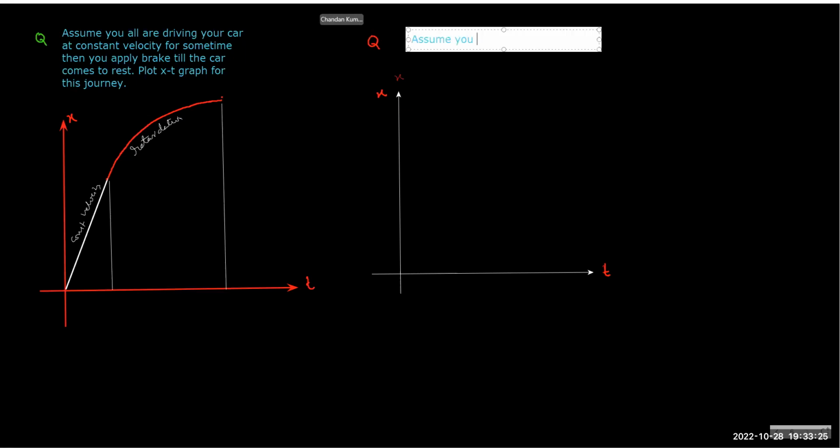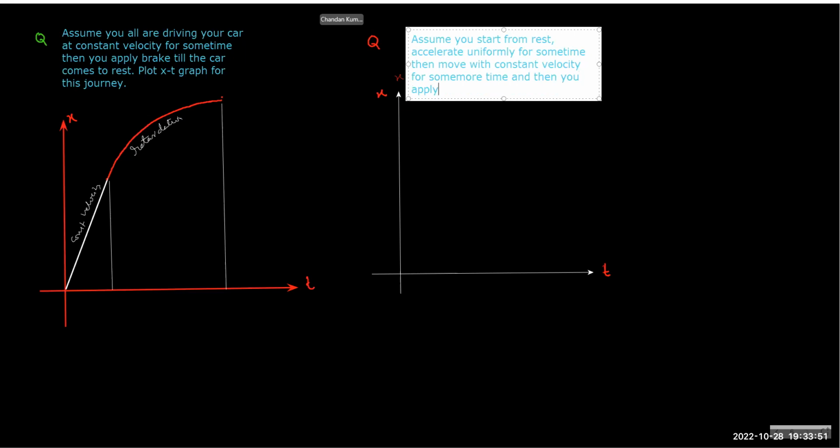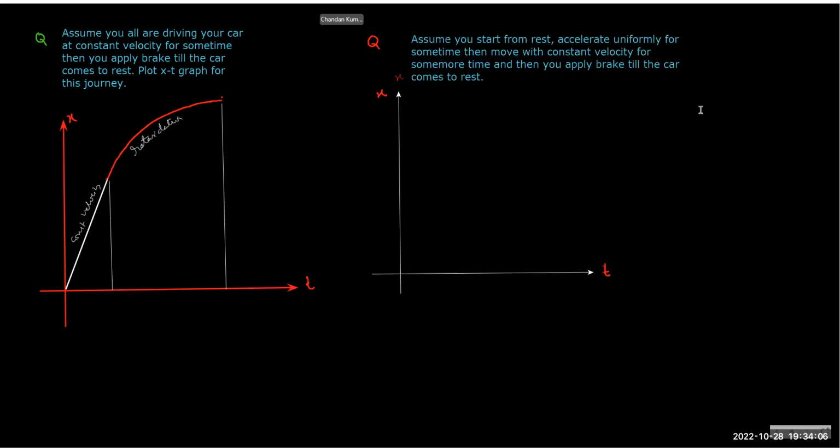Assume you start from rest, accelerate for some time, then move with constant velocity, then apply brake and come to rest. Okay. Now change your graph. That graph is correct actually.